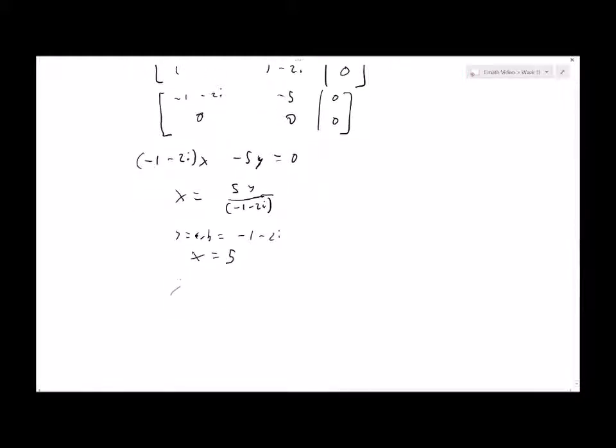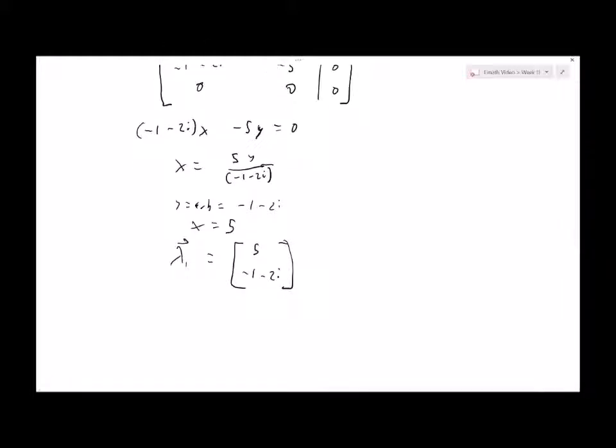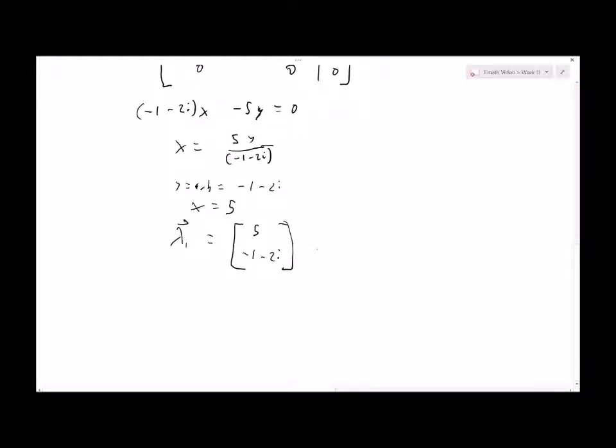So we write our eigenvector 1 is going to be x, so 5 over y, which is negative 1 minus 2i. But we want to write it like we always write complex things. So eigenvector 1 is going to be the real vector, so 5, negative 1, all the real values, plus all our imaginary. So here we have 0i, here we have negative 2, and that'll be i.